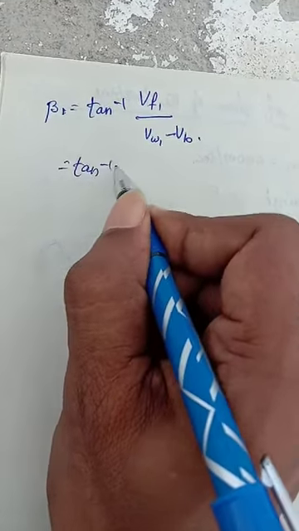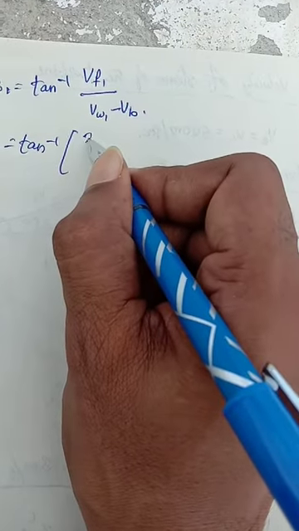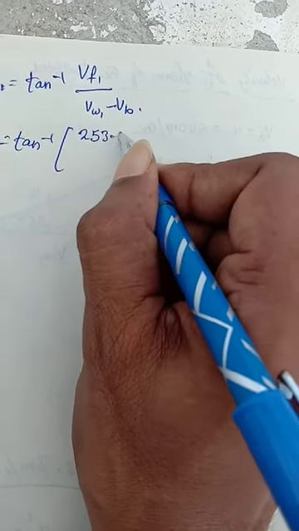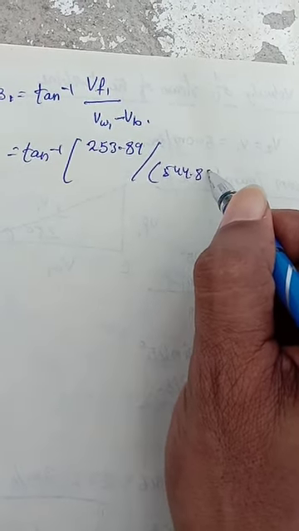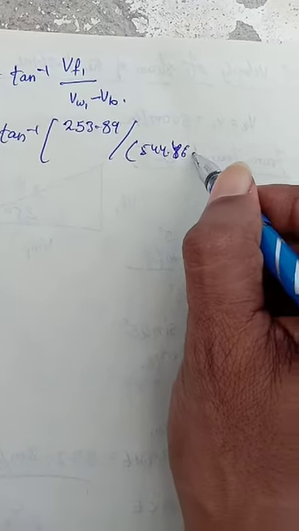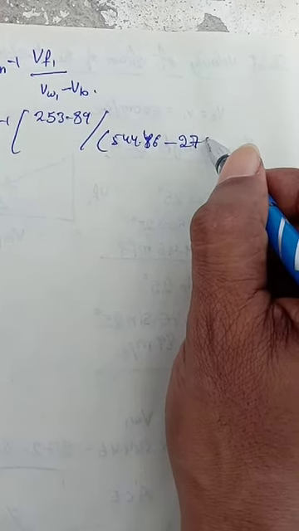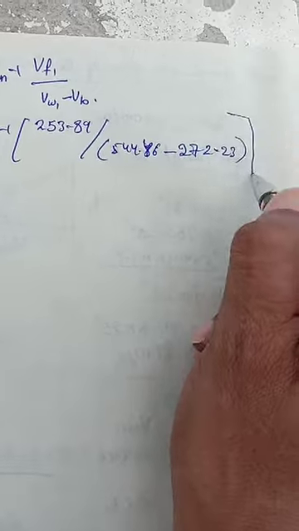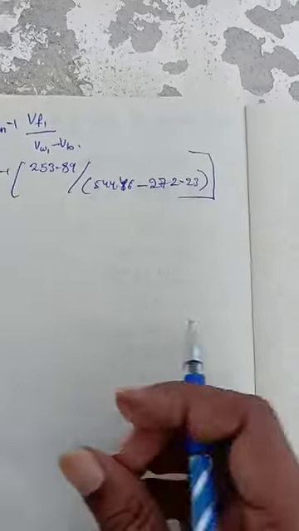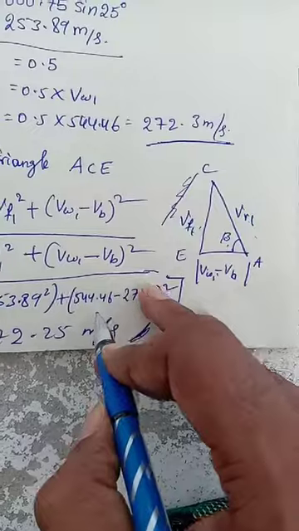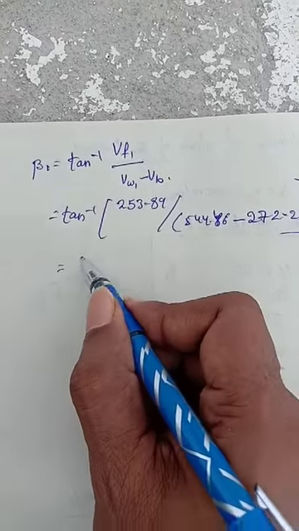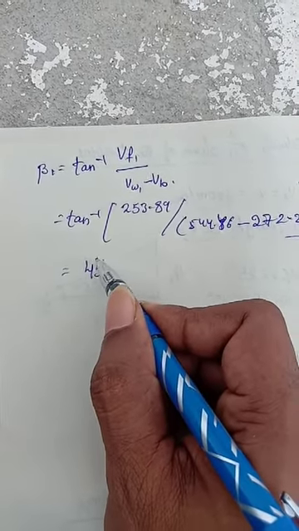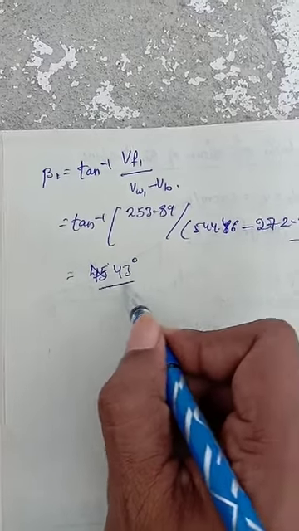Now substitute this value in here, 253.89, 544.46 minus 272.23. Okay, so now this is the values for this here, same values. Okay, I put it in here. Now calculate this, we'll get the answer here approximately 43 degrees.